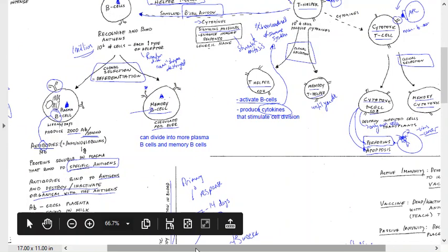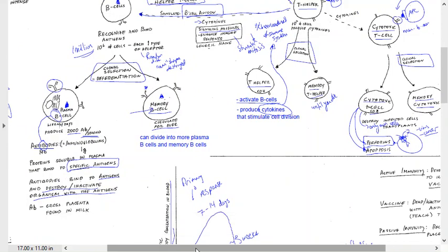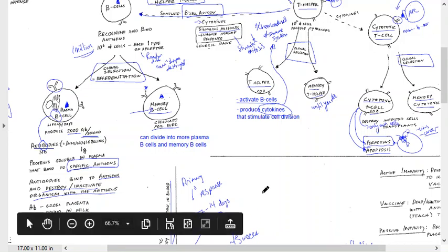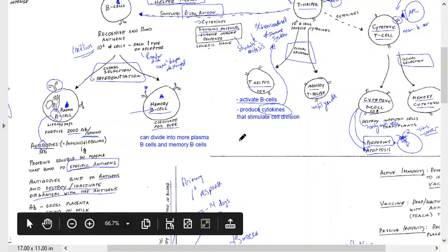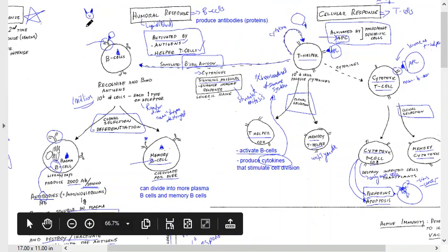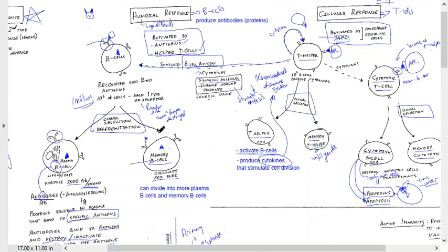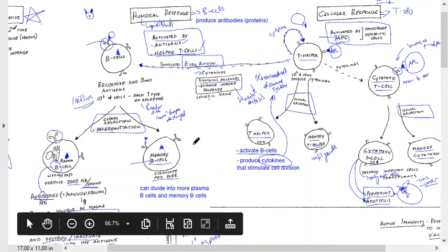So you can imagine that with a second infection, you might not even notice it because your immune system reacts so quickly. But let's say that I did get chickenpox for a second time. Some of that chickenpox virus will activate my memory B cells directly.